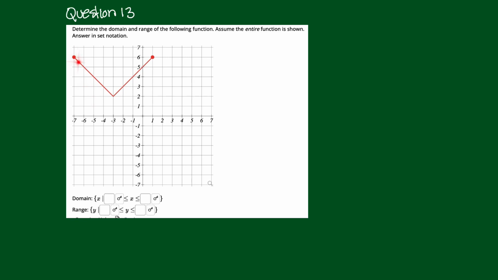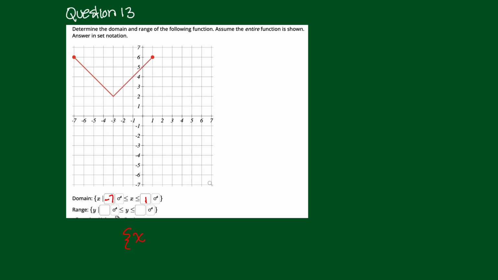So I got a continuous function all the way from what? -7 to 1. All right, so here's how I'm going to write this. Down here, they're telling us how to write it. I want to go from -7 to 1. And the way I read this is this. I'm going to write this a little bit bigger. I've got that parentheses.